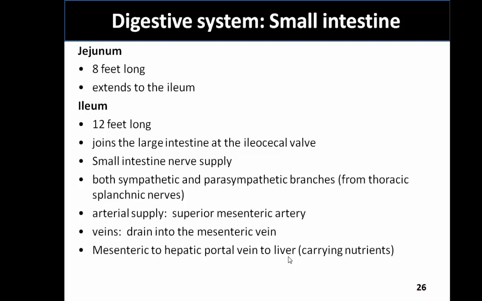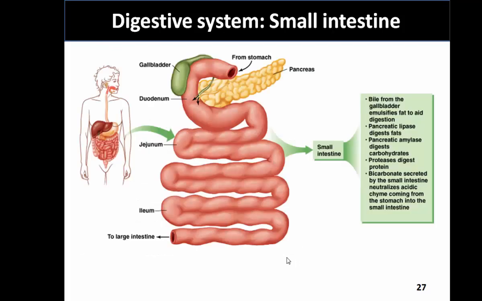So once blood leaves the small intestine, before it goes back into the general circulation, it makes a first pass through the liver where various nutrients are removed, stored, used by the liver, and that blood will continue on into the hepatic vein and into the general circulation.